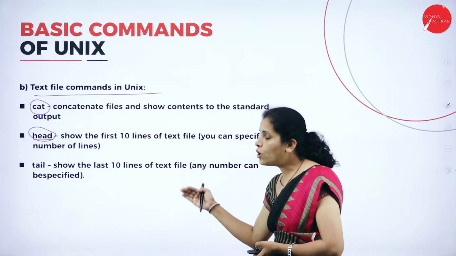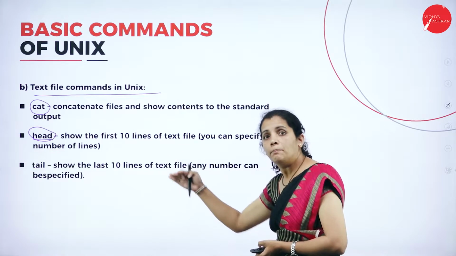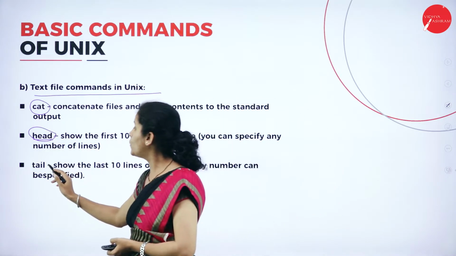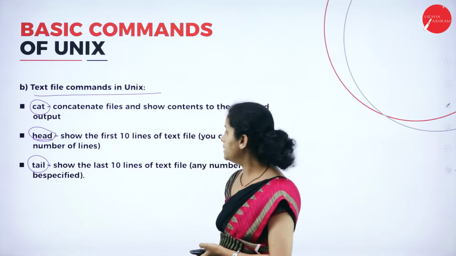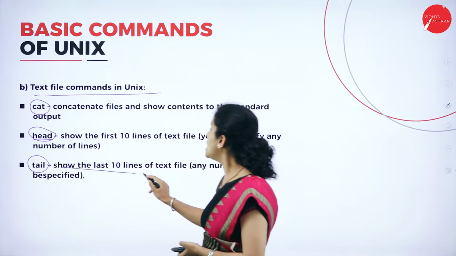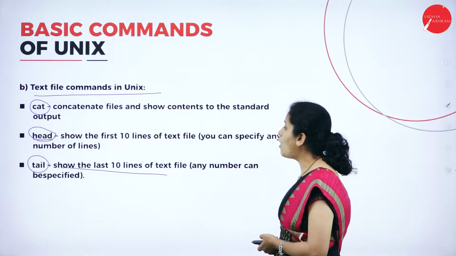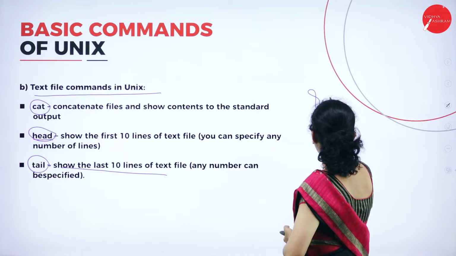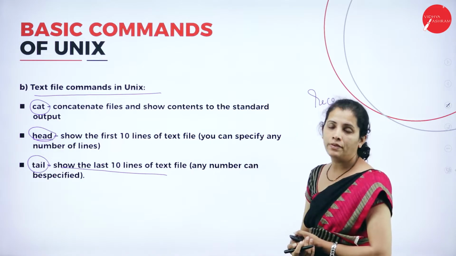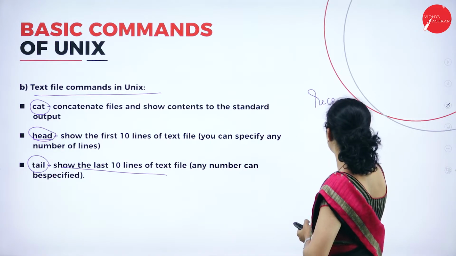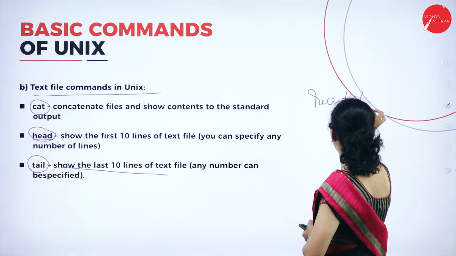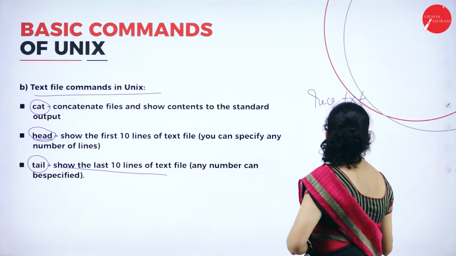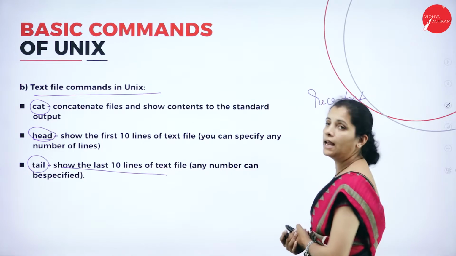Now I just want to display the last 10 lines. At that time I can go with tail. That means it shows the last 10 lines of a text file. For example, I have a file called rev.txt, and in that I have 50 lines.